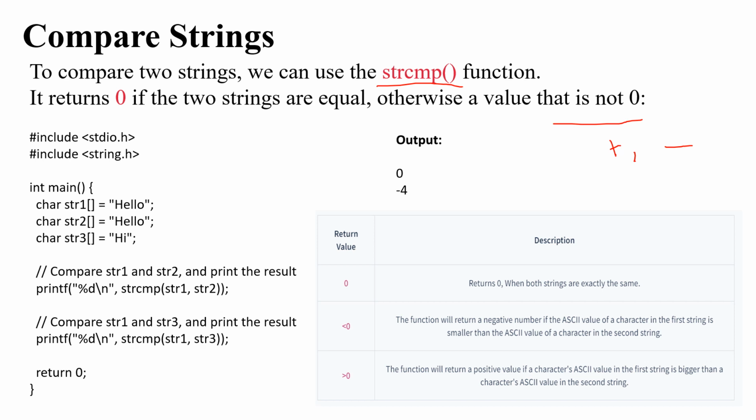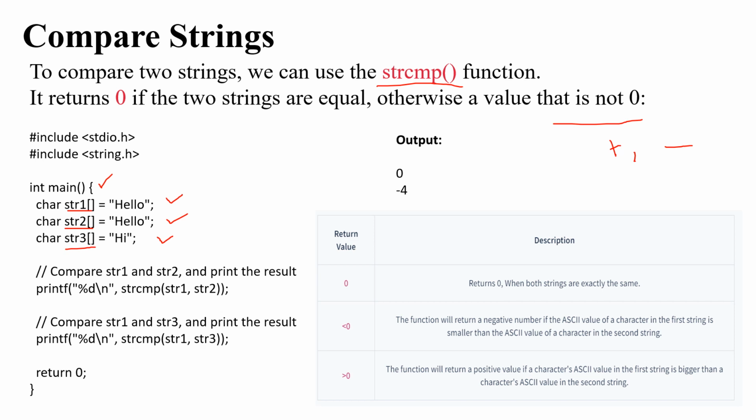So we will check the output using this program. So include stdio.h, include string.h, integer main, character data type. So there are 3 strings declared here. First string contains hello, second string contains hello, and third string contains hi.